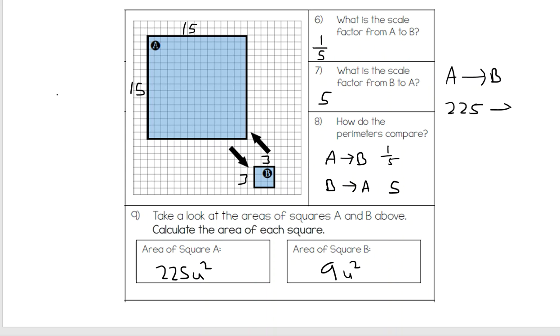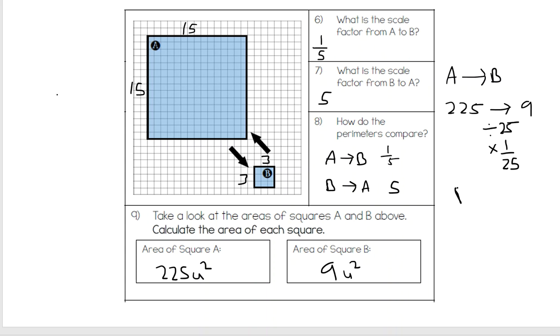Okay, so to go from A to B, as far as areas are concerned, 225 to 9, and that is dividing by 25, which is the same thing as multiplying by 1/25, and some of you were probably thinking I was crazy for just a minute.